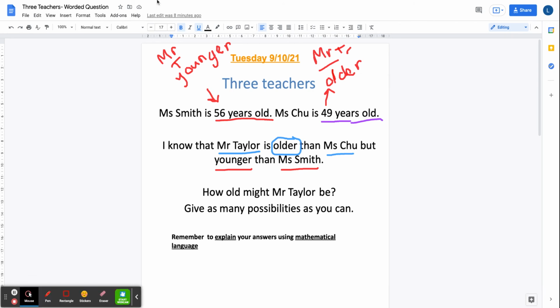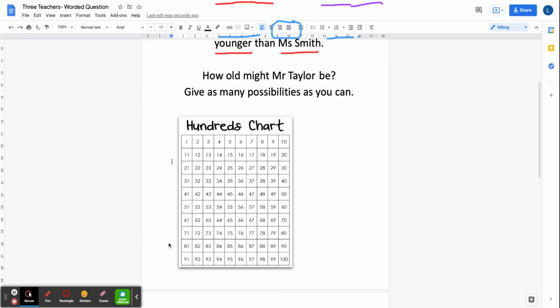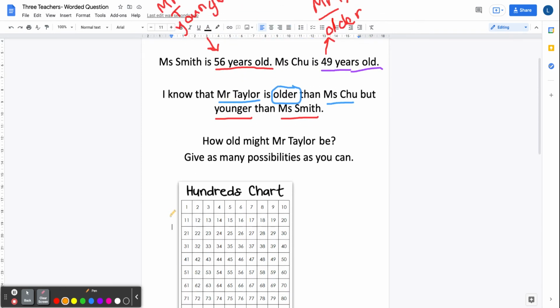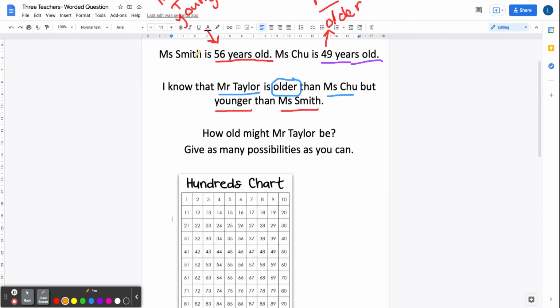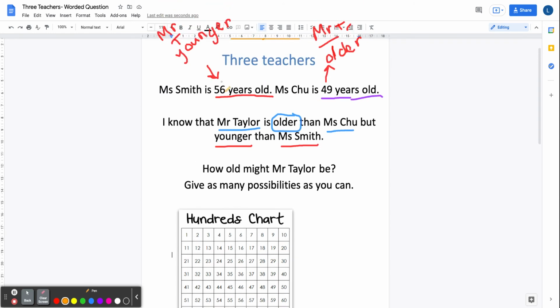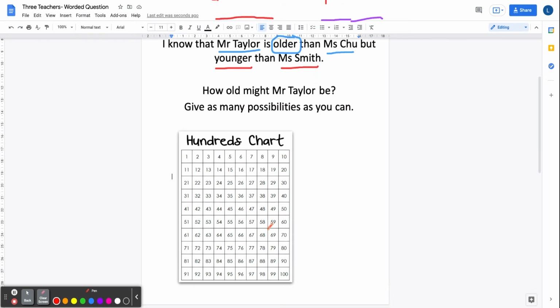So I look at my hundreds chart. I can see Miss Smith is 56. I'm going to use red for Ms. Smith, and she is 56 years old.